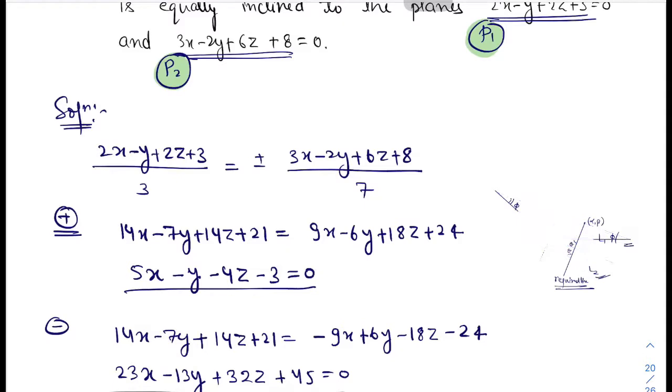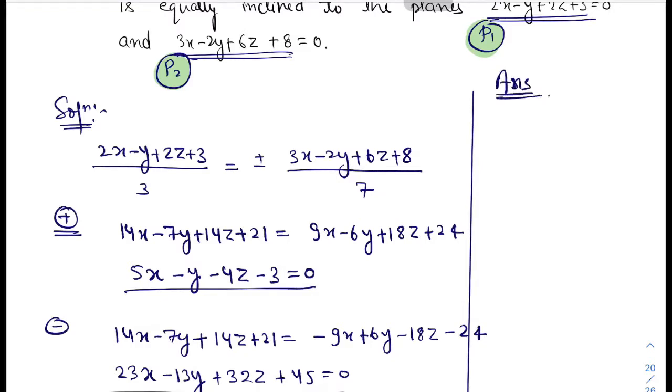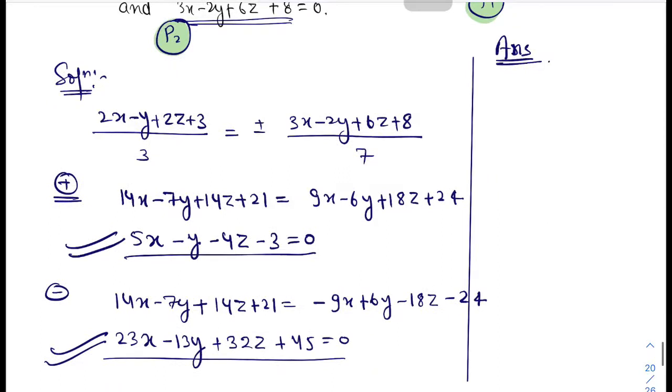So our answer is a plane, let me write it here, okay. There will be two such planes, okay. One will be parallel to this, the other will be parallel to this, and that plane is passing through the point 1 comma 0 comma 1, okay.